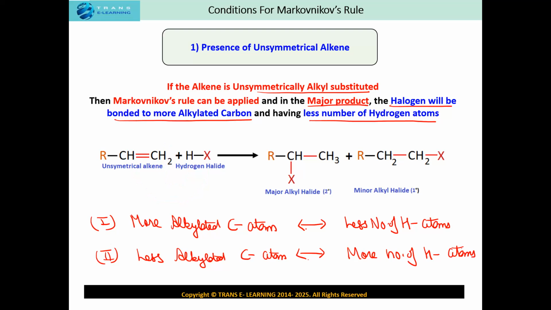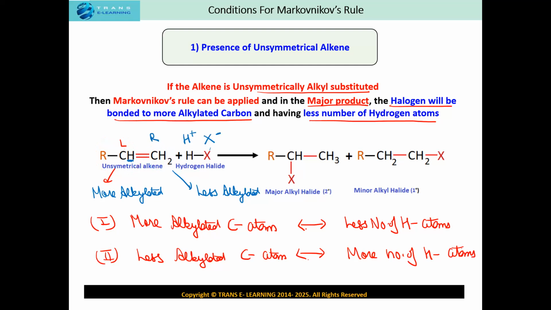But now, if you want to see with the concept of more alkylated carbon atom, then you can see here this carbon atom on the left hand side has the alkyl group attached to it. So this is more alkylated. You can see here that this has less number of hydrogen atoms, whereas this one on the right hand side is less alkylated and has more number of hydrogen atoms.